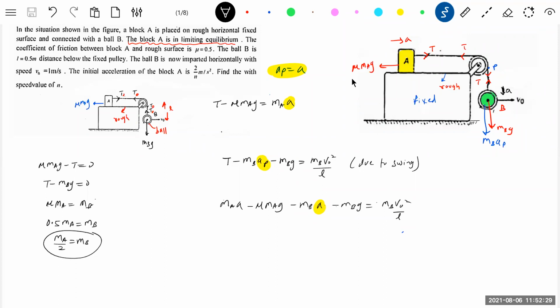The initial acceleration of the block is asked, that A only we have to calculate. Substitute all the values. Get me that acceleration.